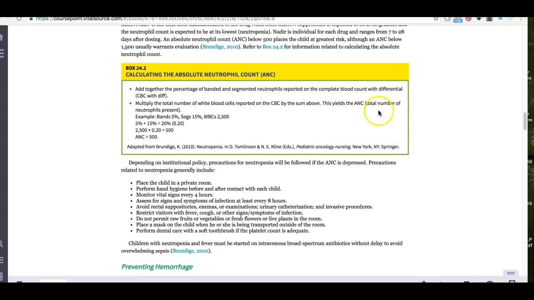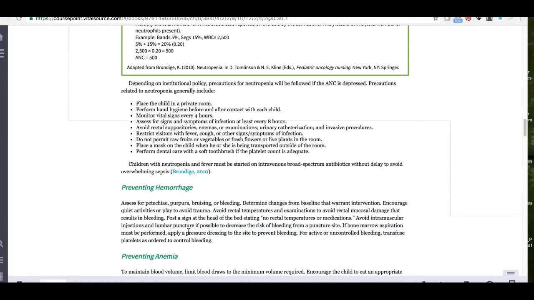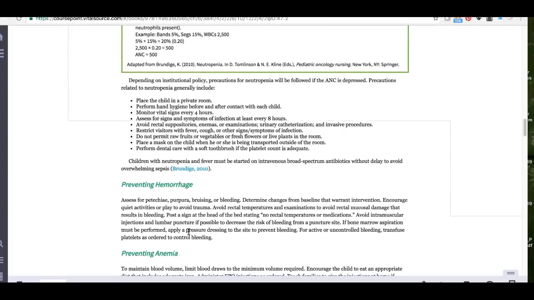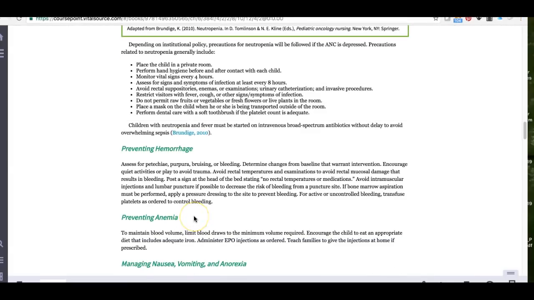And here are your neutropenic precautions. Okay, so I want you to know these. If you hear a patient is on neutropenic precautions, this is what you see. All right. In addition to that, you're going to want to make sure that they don't have any razors.